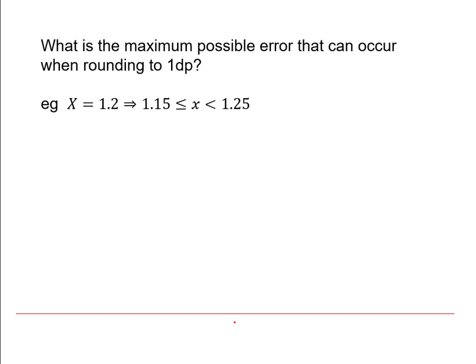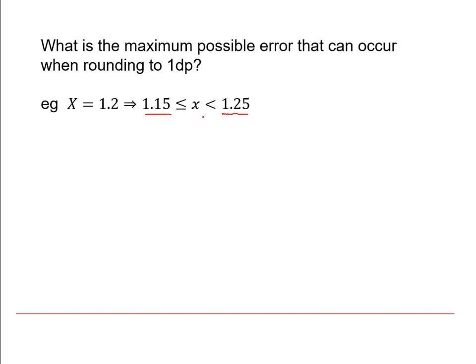Now suppose we have a rounded value of 1.2, and we know that the rounding is being carried out to one decimal place. Then we might be interested in knowing what the maximum possible error can be, and we can say that the true value must lie in this interval here, so it must be between 1.15 and 1.25, because everything inside that interval rounds to 1.2 and everything outside rounds to something else, to one decimal place.